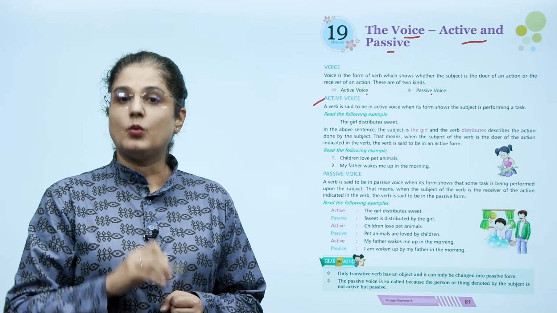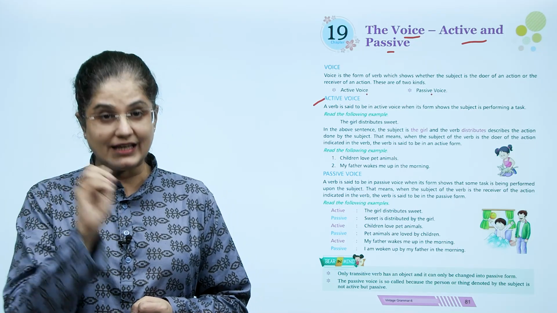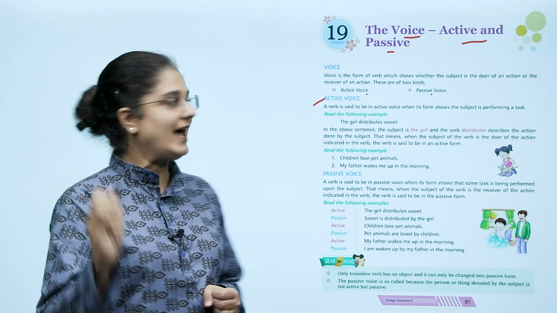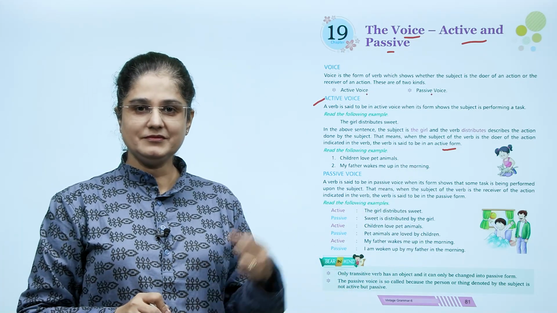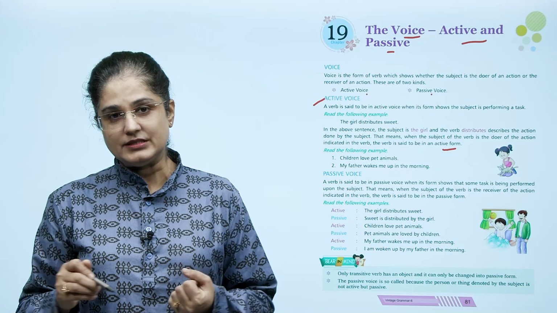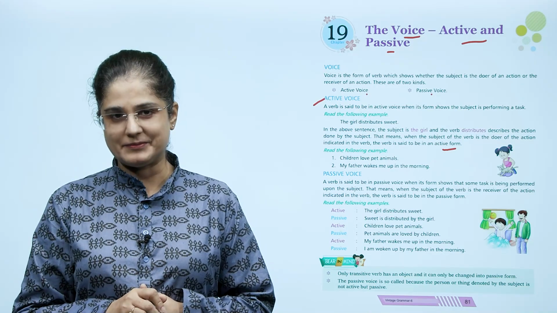That means when the subject of the verb is the doer of the action indicated in the verb, it is said to be in an active form. For example, children love pet animals. My father wakes me up in the morning.